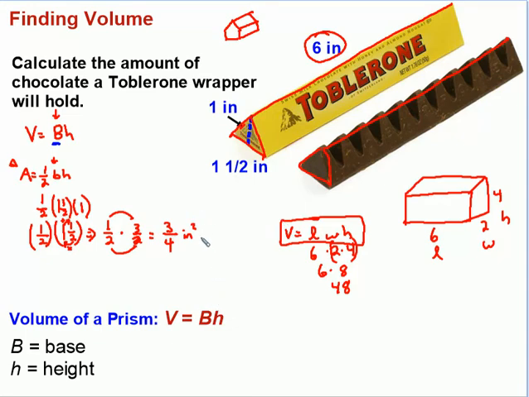So we multiply that by the base. We'll do volume is equal to base times height. So we have the base, which we said was 3/4 inches squared, and we multiply that 3/4 by the height, the length of the whole triangular prism, which was 6.